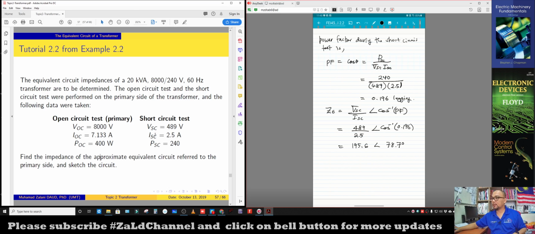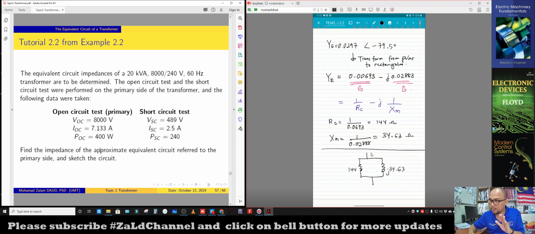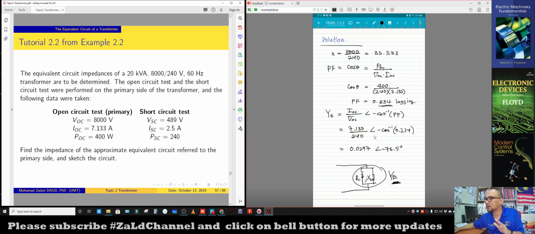So from here, the polar form of this ZE, we can just convert into rectangular form. Something tricky here, as you can see. Previously, when we calculated the power factor, we put negative.